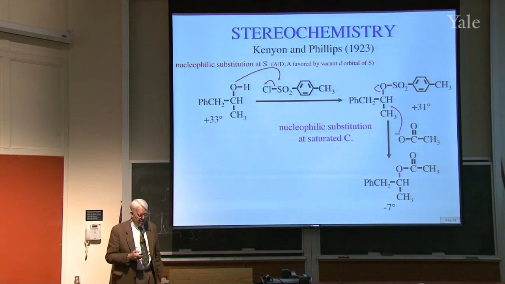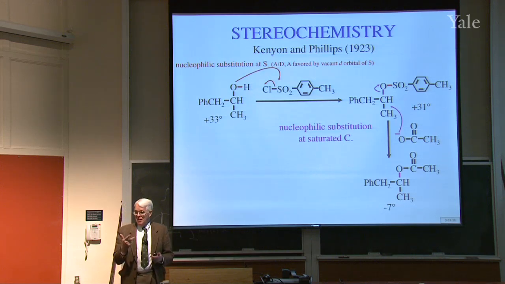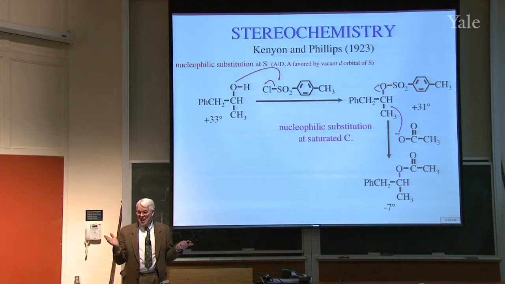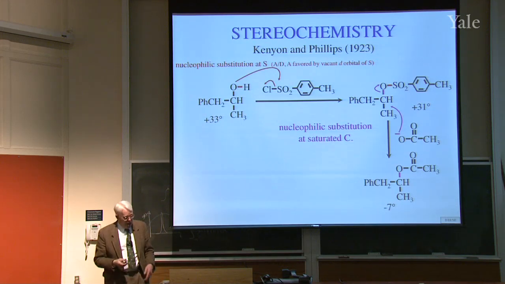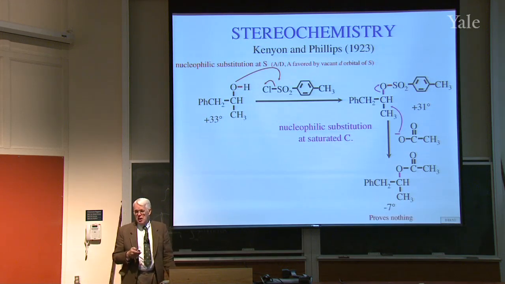It's saturated carbon. And the rotation of that product is minus 7 degrees. So it was an inversion, right? It shows that the carbon turned inside out because it's opposite the starting material, right? I hear you say wrong, right? Because it has nothing to do with it, same in the first step. So we don't really know, that proves nothing.